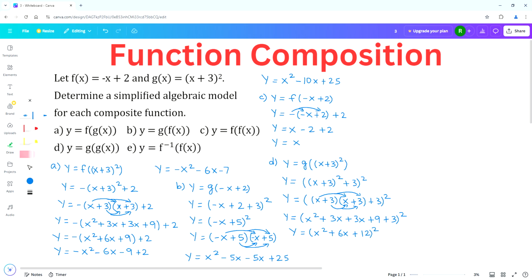Next, we should evaluate the square on the parentheses by multiplying x² + 6x + 12 by itself. Next, we can distribute the terms in the parentheses.